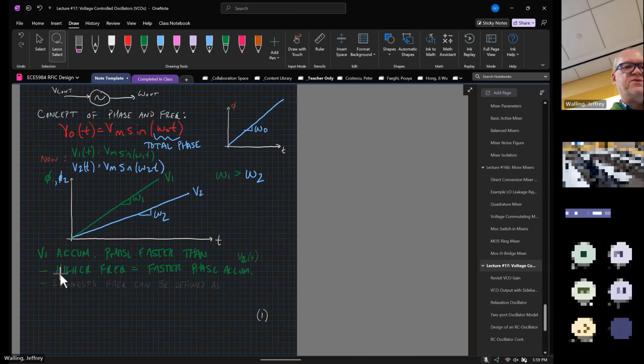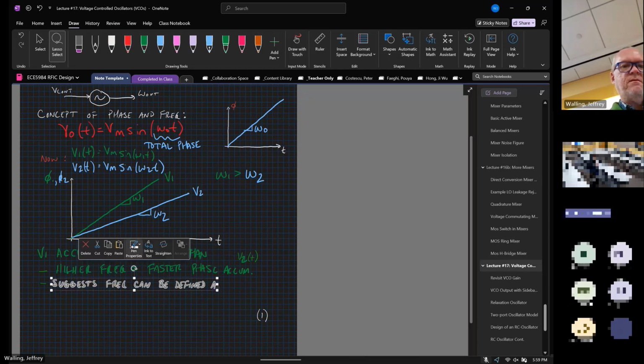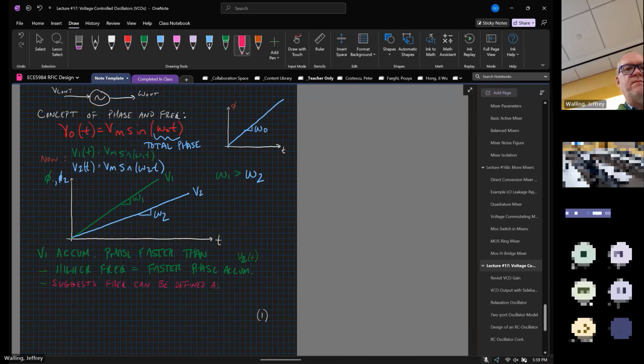Okay, now that suggests something about how we can define frequency. So we're going to define frequency as the derivative of phase.